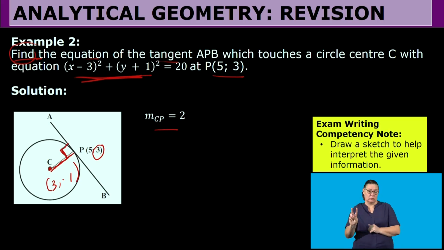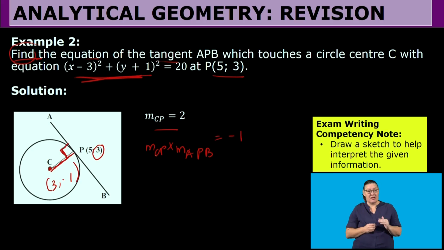Now remember what we said. The product of the gradients of perpendicular lines is -1. So therefore, the gradient of CP times the gradient of APB is equal to -1.